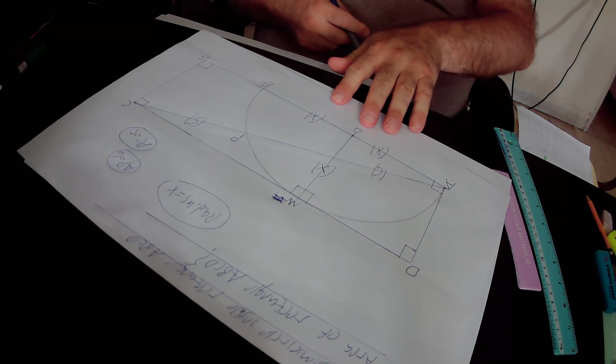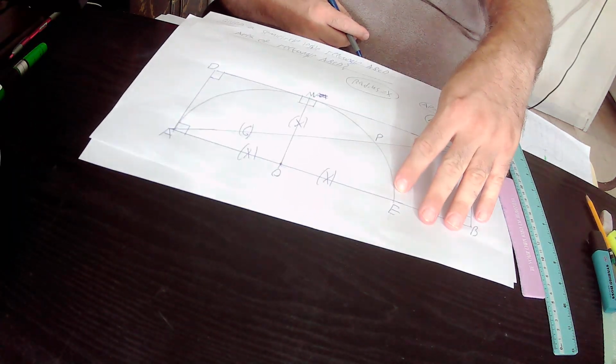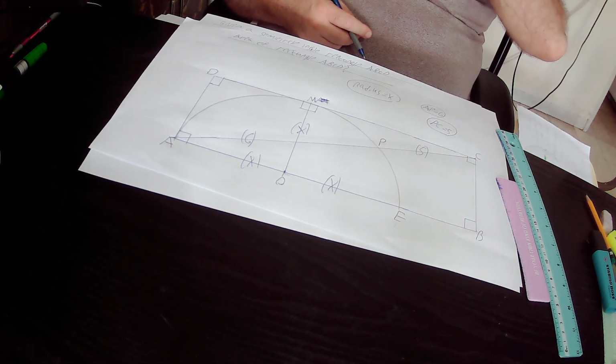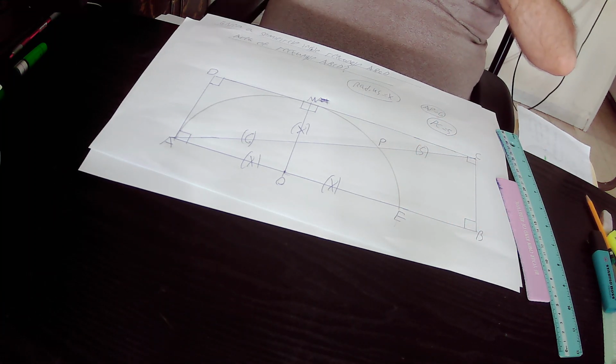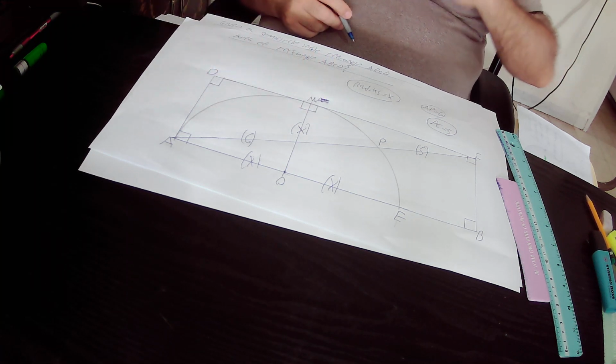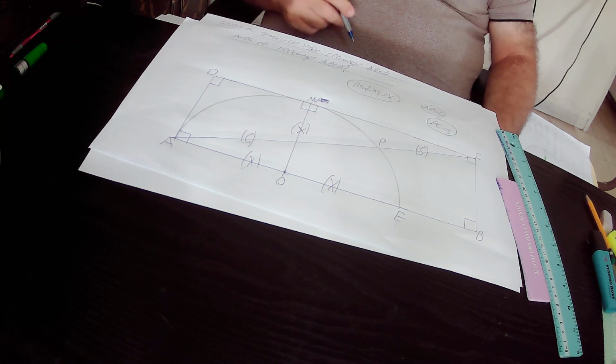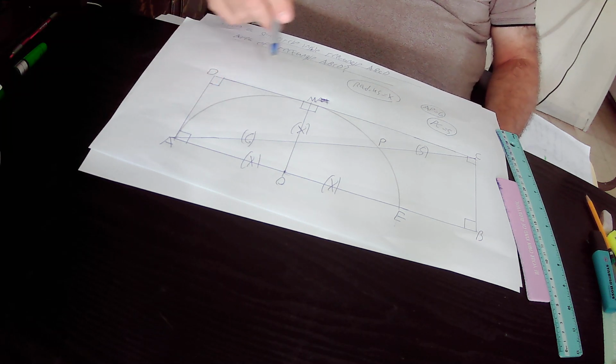By doing this construction, we can form quadrilateral DMOA. Inside this quadrilateral DMOA, we have 2 right angles.